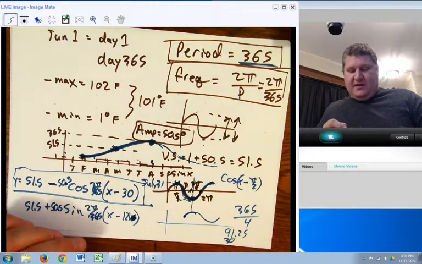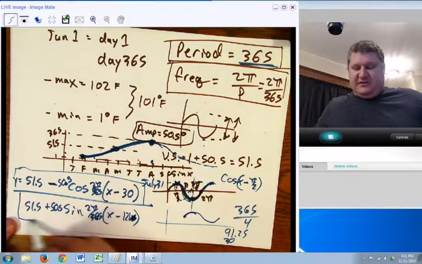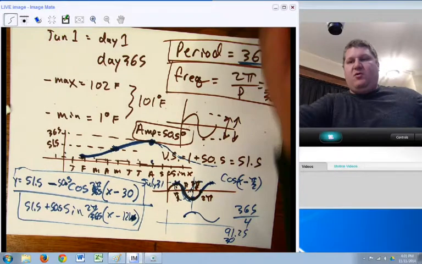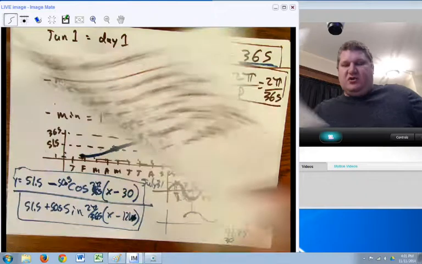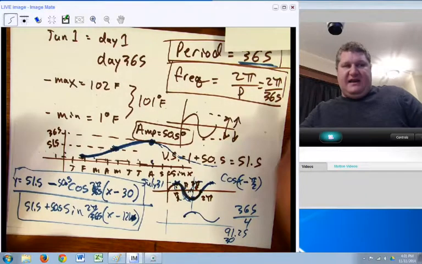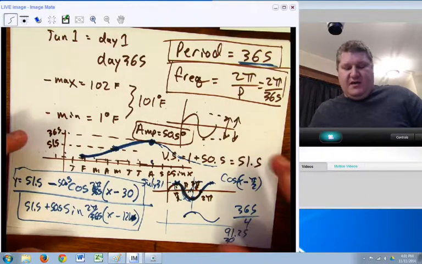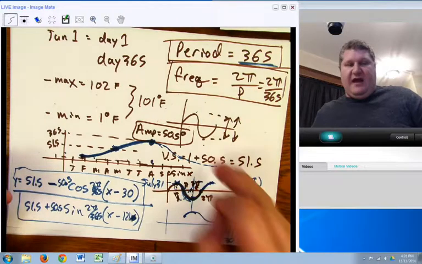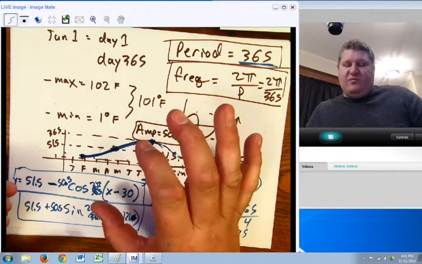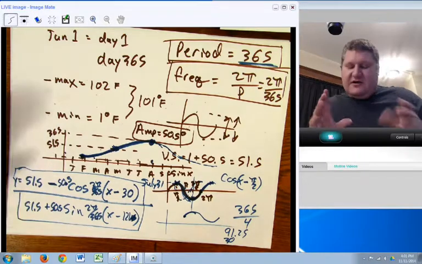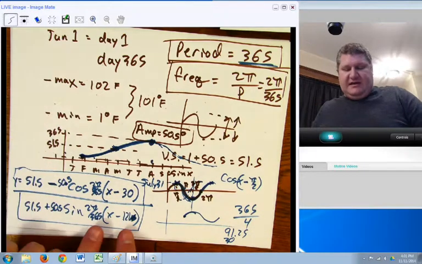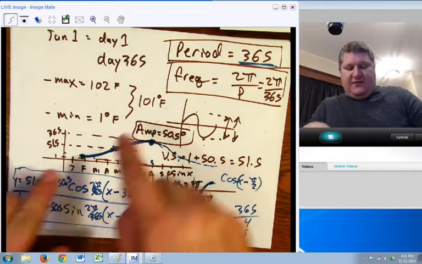So, again, there's a couple different things. We're going from a real-life situation to a pretty and contained equation, or two in this case, based on the graph. The ideas are all the same. We can squabble over how you count this day, what day you start with, but the idea here is: can you find from min and max and amplitude?